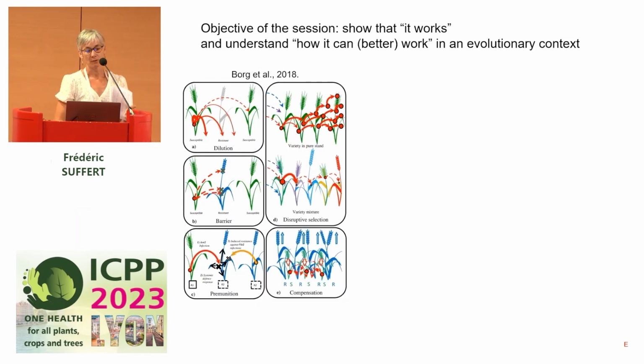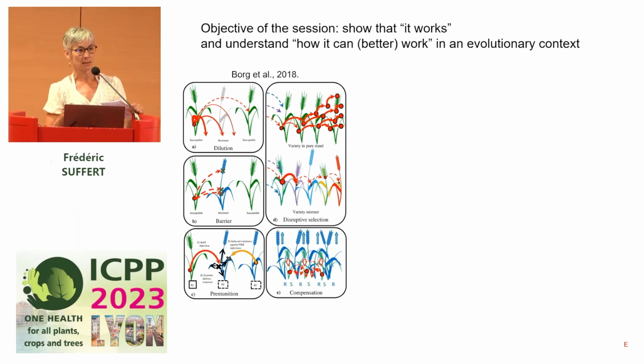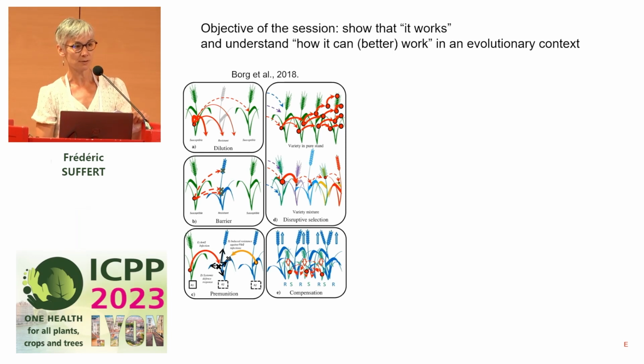Thank you. The objective of the session is to show that mixtures really work and to understand how they can work better in an evolutionary context. In their paper published 5 years ago, Borg and collaborators reviewed the different biotic mechanisms that are in action in diversified plant covers and that allow to lower the burden of pathogen epidemics.